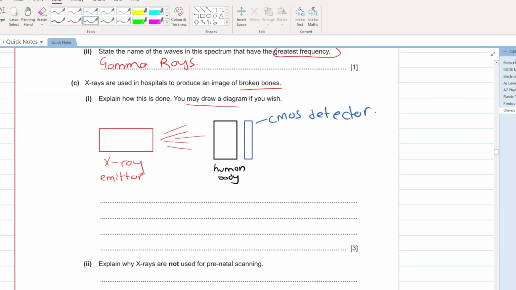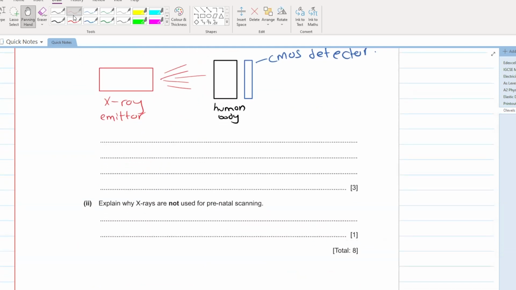The X-rays pass through the flesh but they cannot pass through the bones. An image is produced by the CMOS detector. This is how X-rays work. You can write it here. X-rays are directed towards the body.